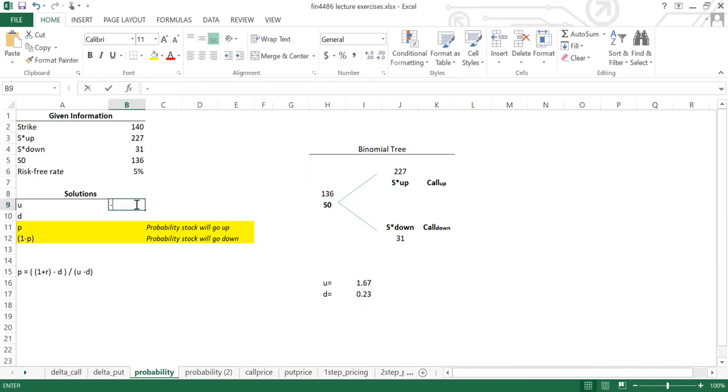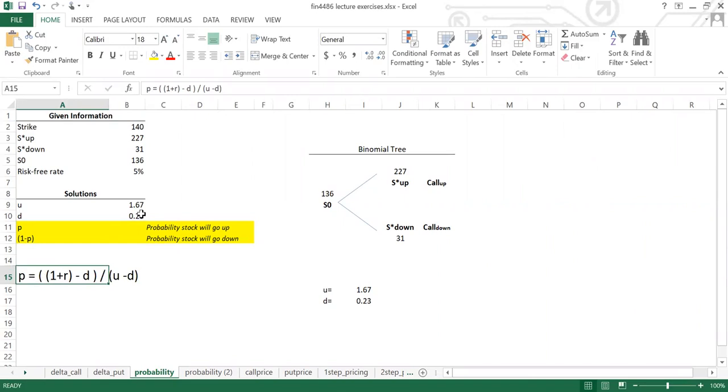So I'm just going to copy this here. We just calculated it right here. We have 1.67, we have 0.23. So what is the probability? We have the formula here, and using it is quite simple.